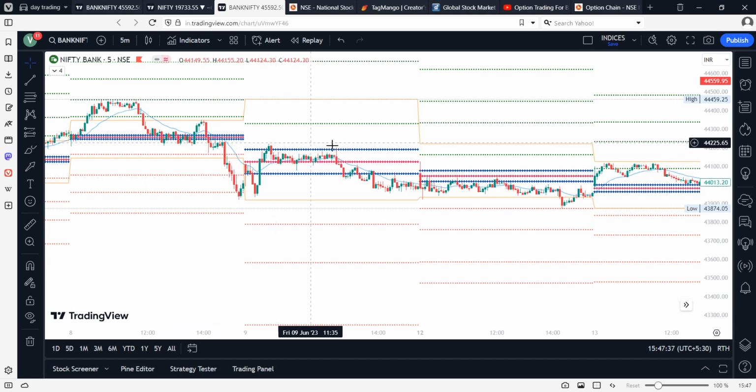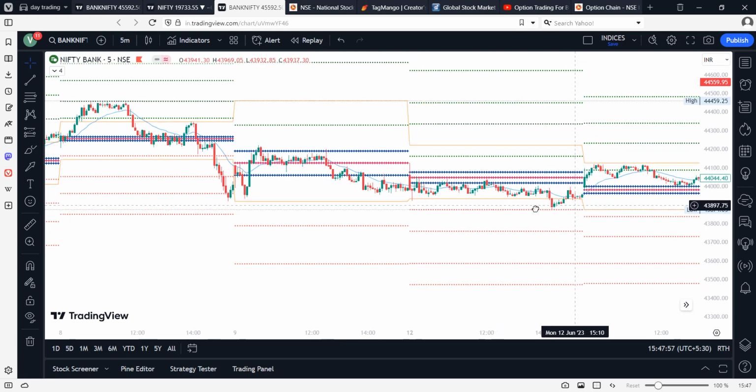See here, the CPR is acting as a strong resistance. Even though there is a minute of bullishness and it closes above the CPR, it acts as resistance and takes the price below the CPR. Here also, the trend is downtrend, and the CPR is acting as the resistance.